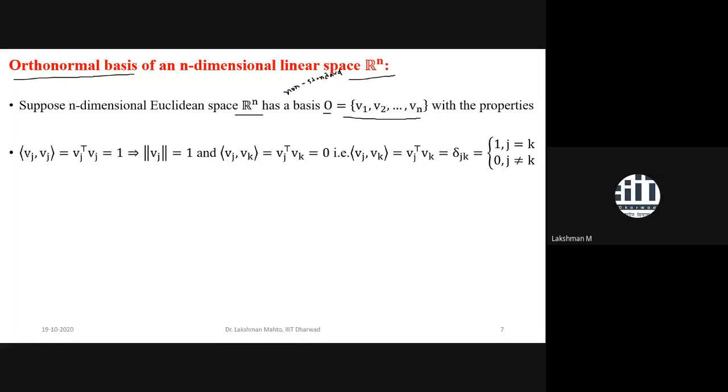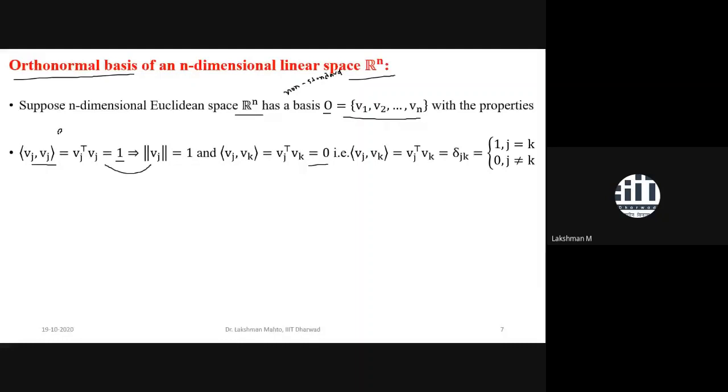If you find the inner product of Vj with Vj itself, it is 1, which simply says that the norm of Vj is 1. And if you take the inner product of Vj with another basis element Vk, it is 0.